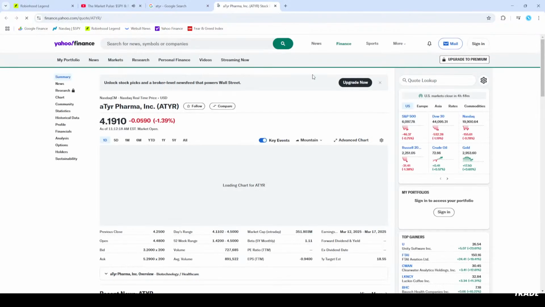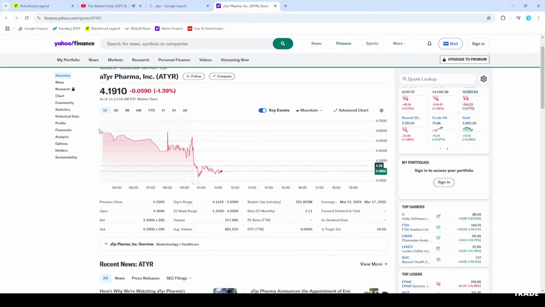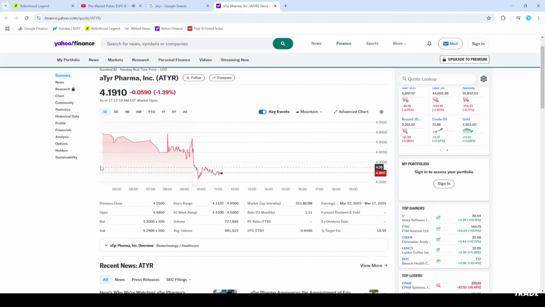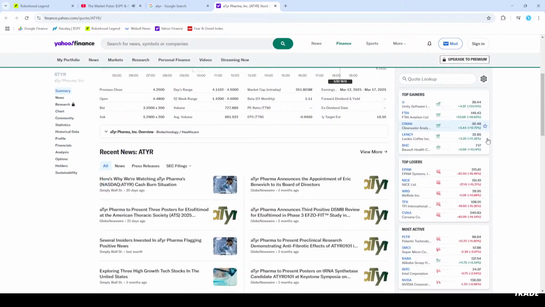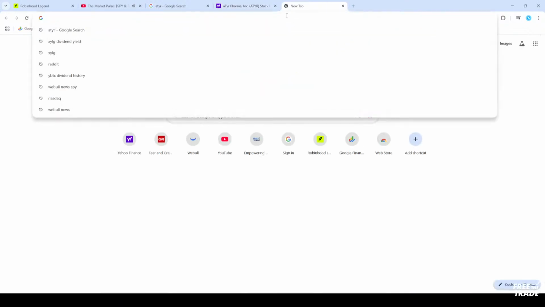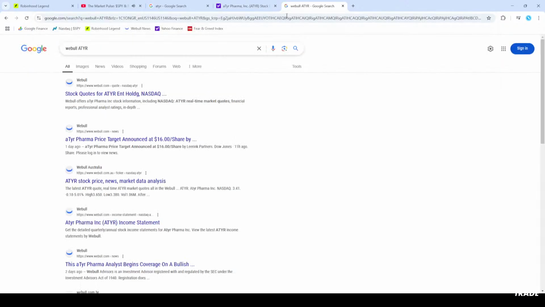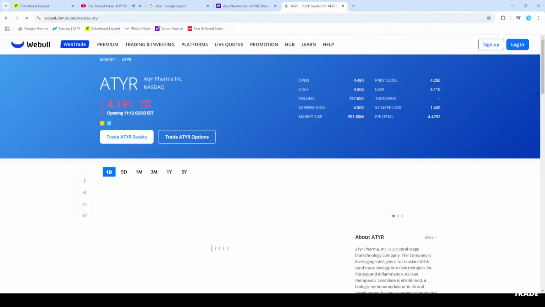A good place to do some financial research and get a good overview of what a company is, is Yahoo Finance or Google Finance. They're both really good. Another good one is probably Webull. I love Webull, actually. Let's do it in Webull because there's some good stuff in here. Boom.